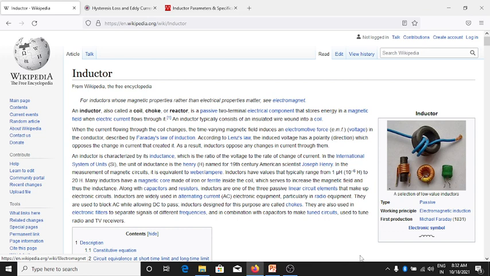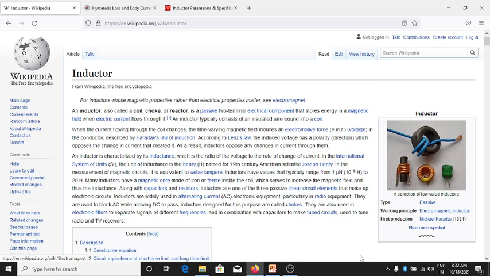Along with capacitors and resistors, inductors are one of the three passive linear circuit elements that make up an electronic circuit. Clear? Inductors are widely used in alternating current electronic equipment, particularly in radio equipment. They are used to block AC while allowing DC to pass.